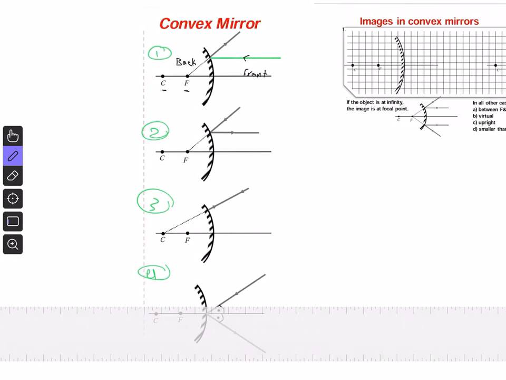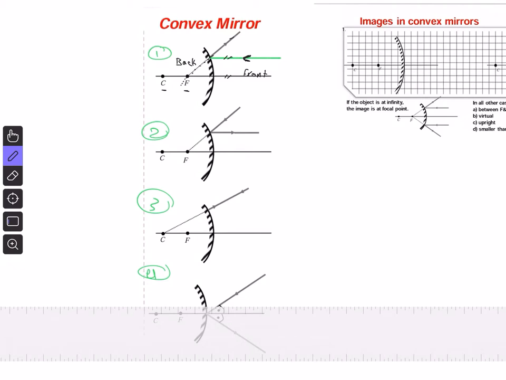When you send the light straight, parallel with the optical axis, it's going to hit the mirror and reflect away from the mirror. But if I draw an imaginary line for this reflected ray, I will see that it's going through the focal point. So for a convex mirror, we should always have an imaginary line for the reflected ray.